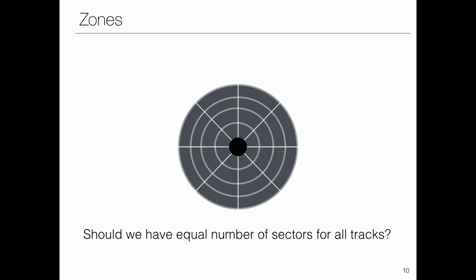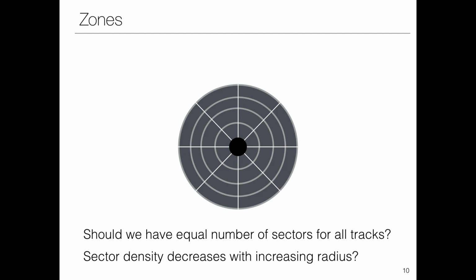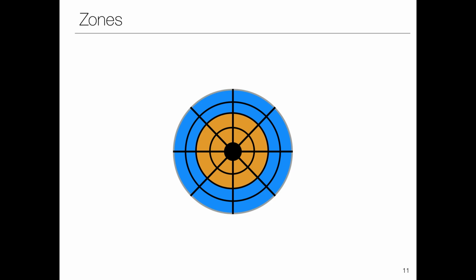Right, so it will make the disk operation slightly more complicated. That is, let's say, the extreme solution. One extreme solution is to have an equal number of sectors for each of the tracks. The other solution is to have the number of sectors proportional to the radius r. And there is a middle ground, which is somewhat better, which is to define some zones.